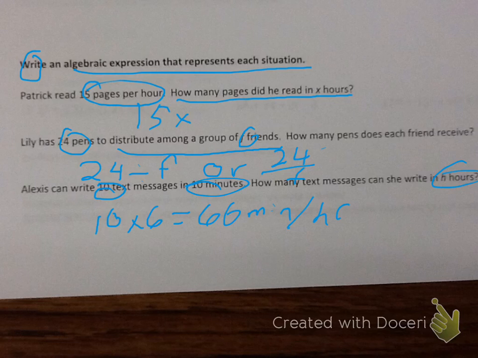Okay, so 60 minutes per hour. And what's nice about that is the text messages is the same as the minutes. So you're going to have 60 text messages in an hour as well. So in 1 hour, she can write 60 text messages.